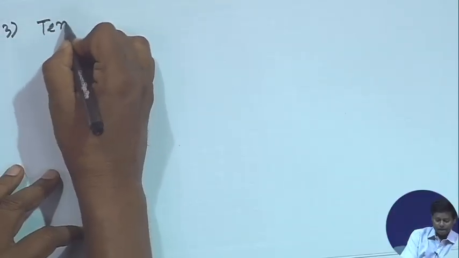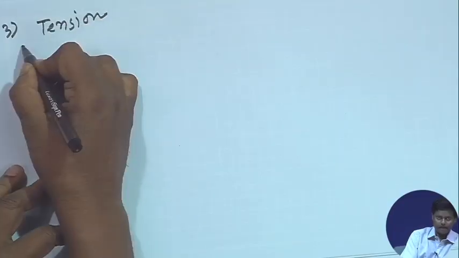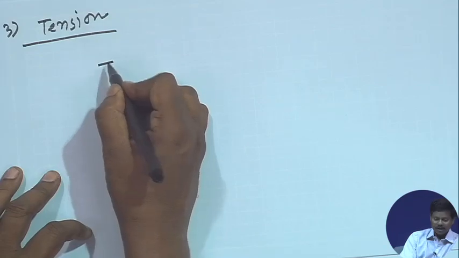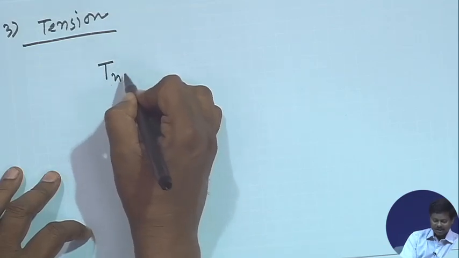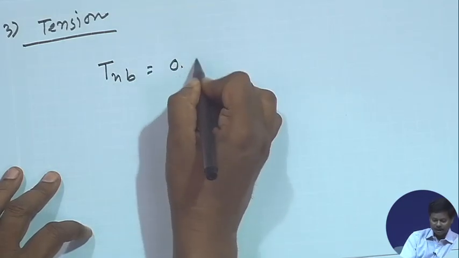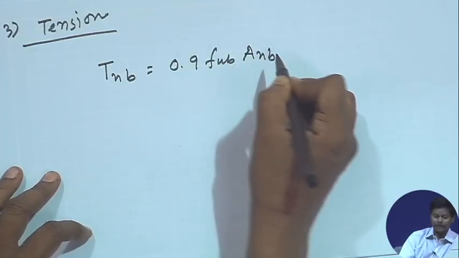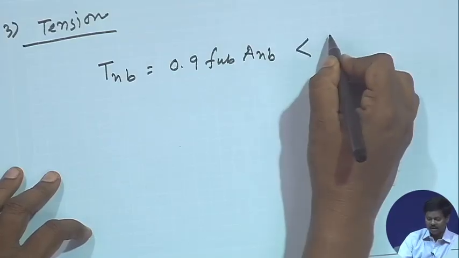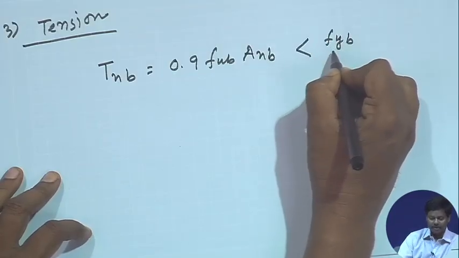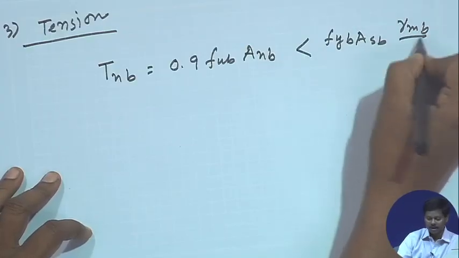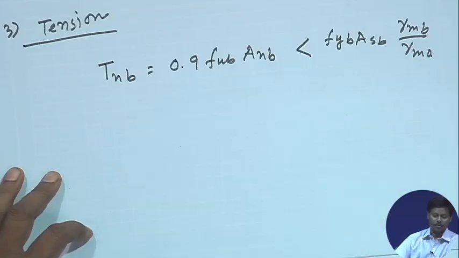Next will come bolt in tension. So, for tension we can calculate the nominal capacity of the bolt in tension as Tnb equal to 0.9 fub into Anb, and it has to be less than fyb into Asb into gamma mb by gamma m0, right.